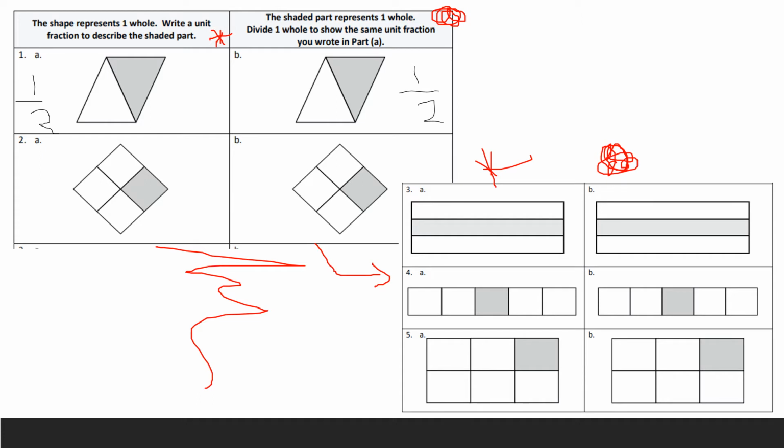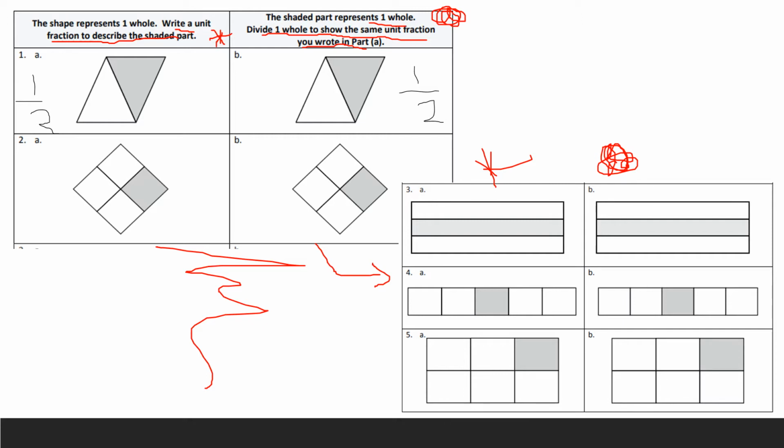Write a unit fraction to describe the shaded part. So I have 1/2. Over here, the shaded part represents one whole. Divide one whole to show the same unit fraction you wrote in part A. So as you can see, the shape is still divided into two pieces with 1/2.